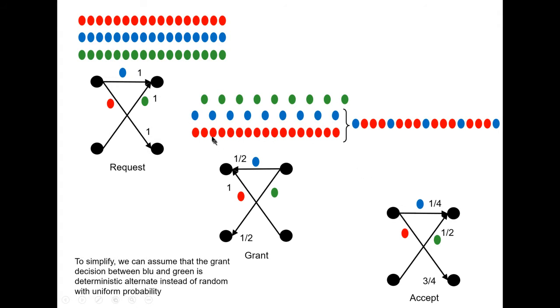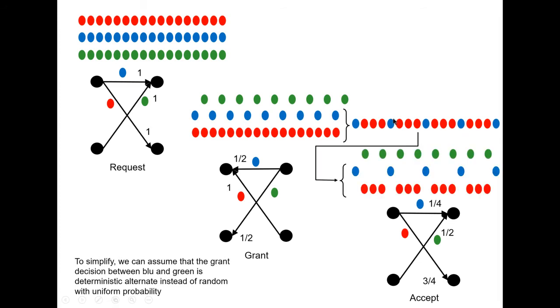So the first time it will receive a blue and a red, and it will decide for the blue. Then it will receive a red, and so it will decide for the red, of course. Then again it receives a blue and a red, and this time it will decide for a red. Then again the red, then blue and the red, and we decide for the blue, and so on. So this is the result of the accept phase.